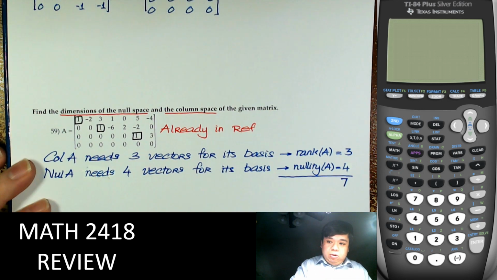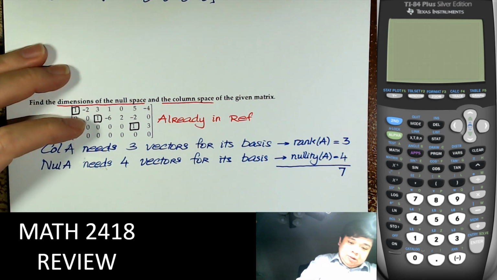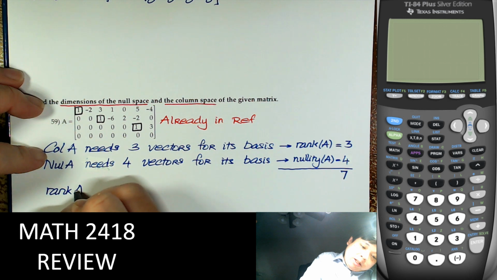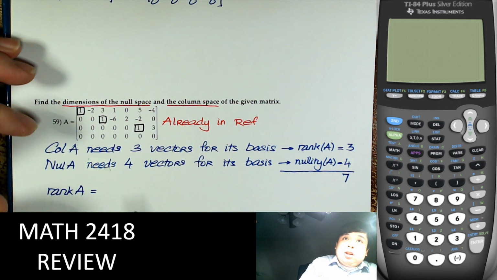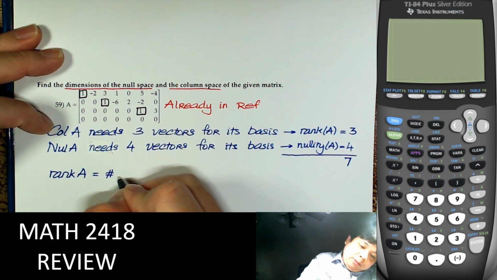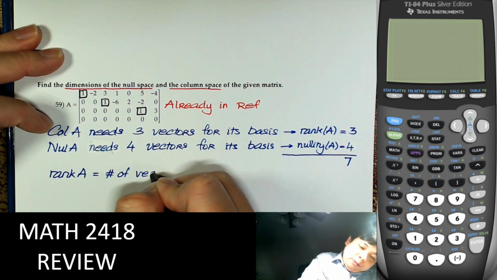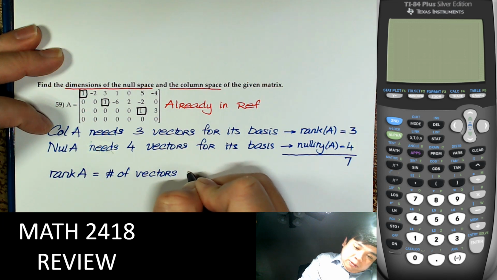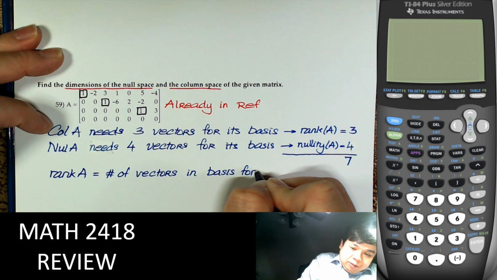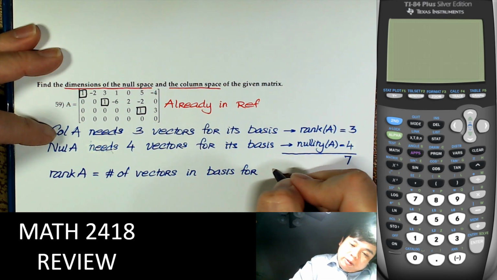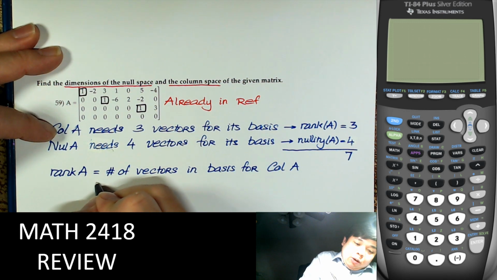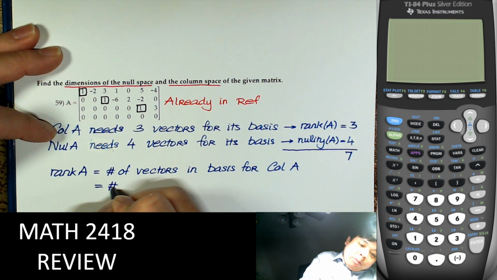Right, so to recap, the rank of a matrix A is equal to the number of vectors in the basis for the column space of A, meaning that it will be equal to the number of pivots.